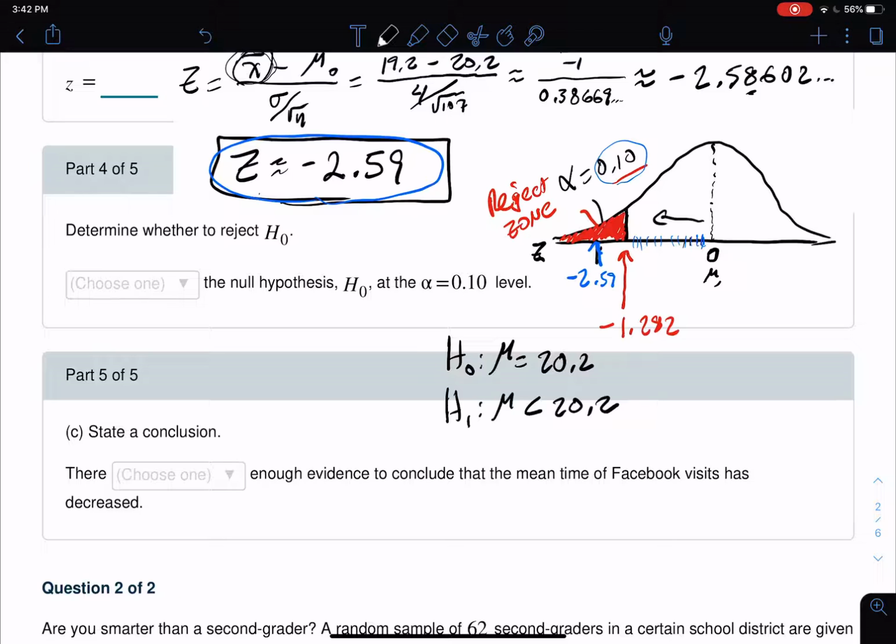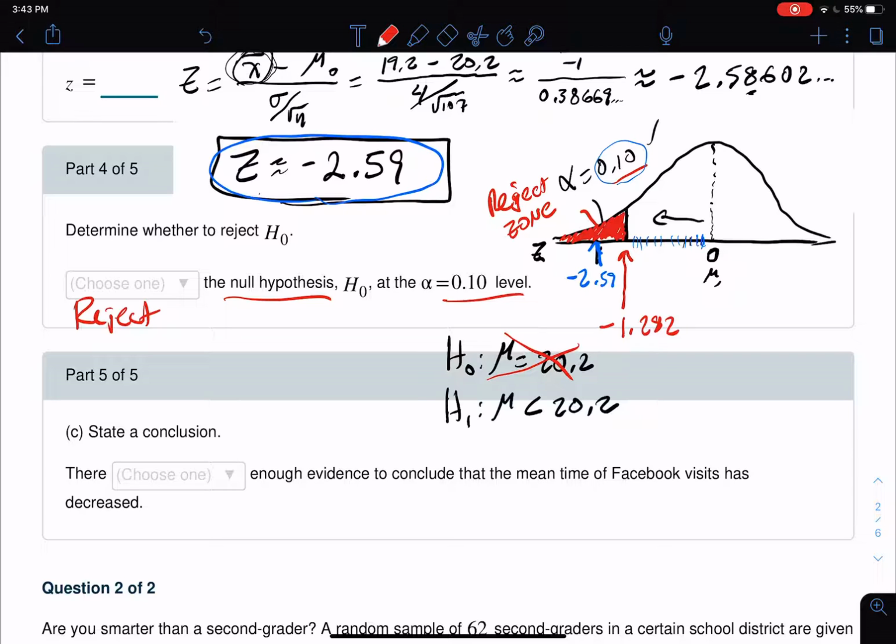We went out, we did some sampling, we found out that our test statistic from the sample is so far off the mean, it's past my critical point that I got from the probability of 10%. It's less than 10%, it's past my critical value. So what do you do in that case? We reject the initial assumption that mu is equal to 20.2. It's not. Okay, so we reject H sub 0. So we reject the null at the 10% level.